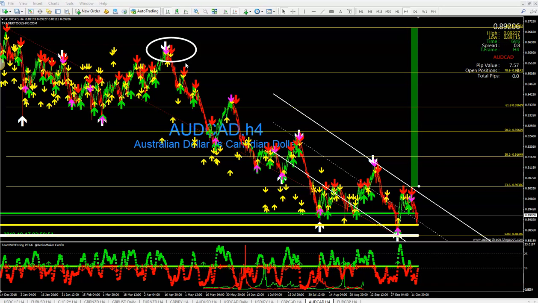Still a sell. So I don't see anything yet, a strong area where the market is getting ready to be a bullish market. But this market has been bearish since March 18, 2019. Downtrend. Good job.